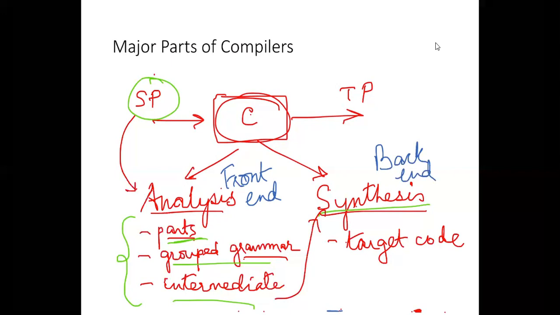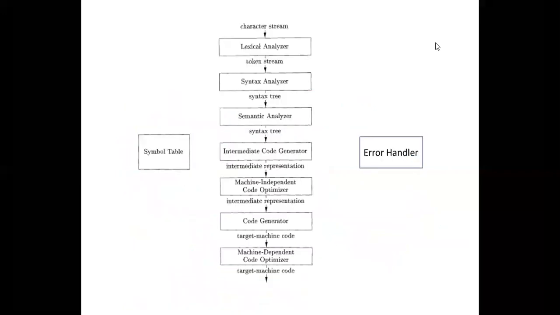Okay. Now let us look into the different phases of the compiler. So these are the two, analysis and synthesis. These are the two main components. Now this analysis and synthesis can be broken down into a number of phases.